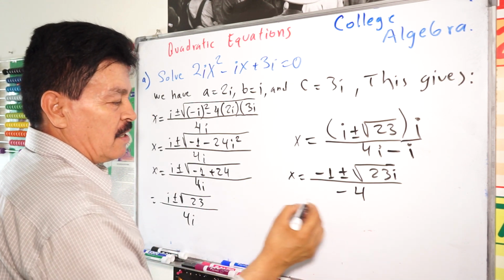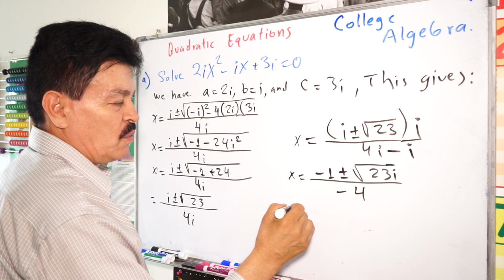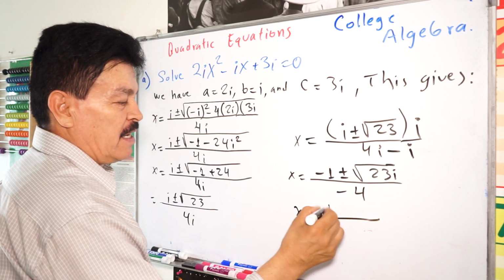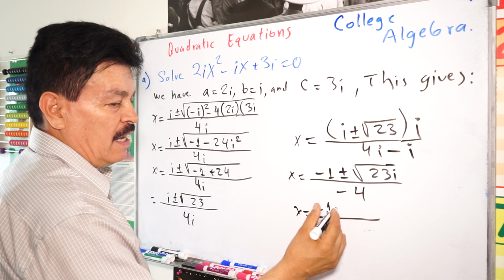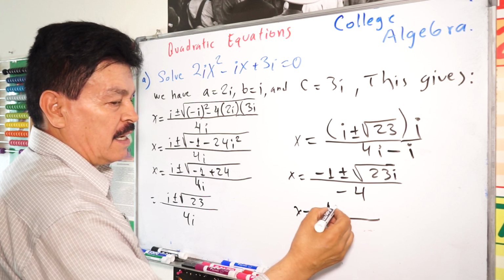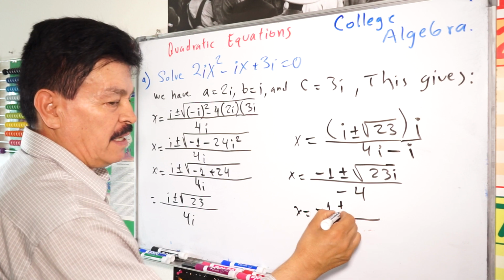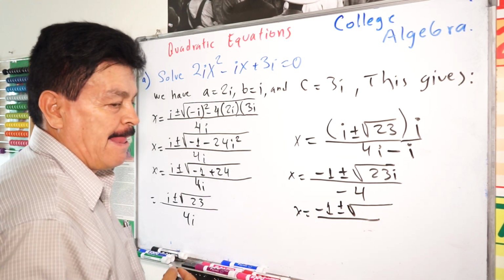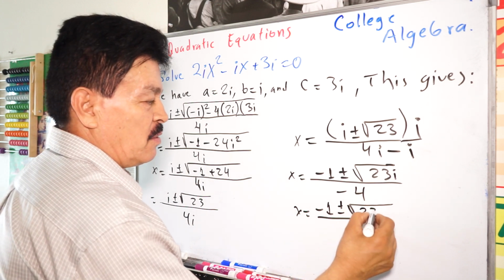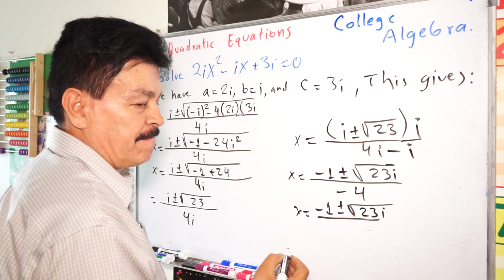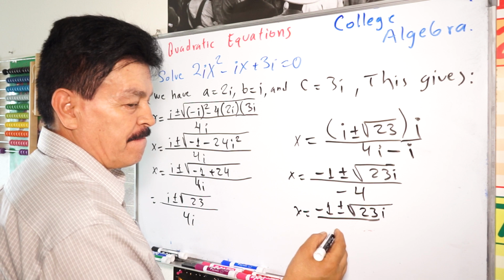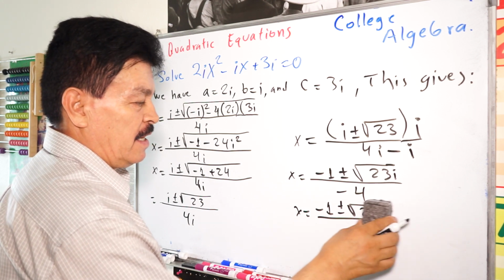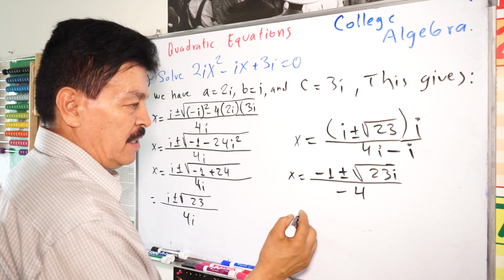Yeah, so imaginary numbers. So here x is going to have -i, -i plus minus the square root of 23i. Now I think it's done right here.